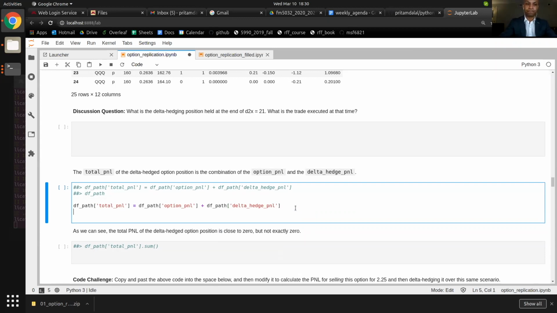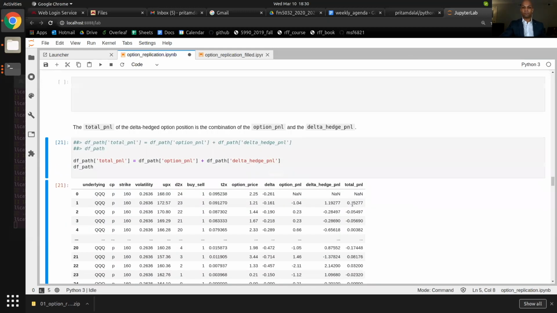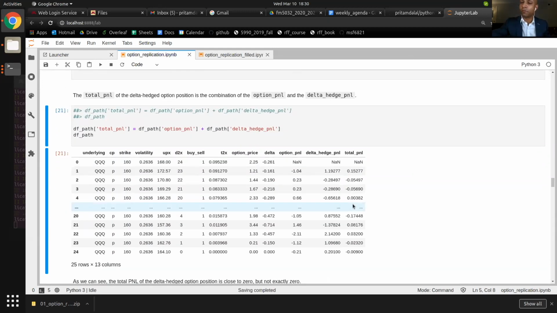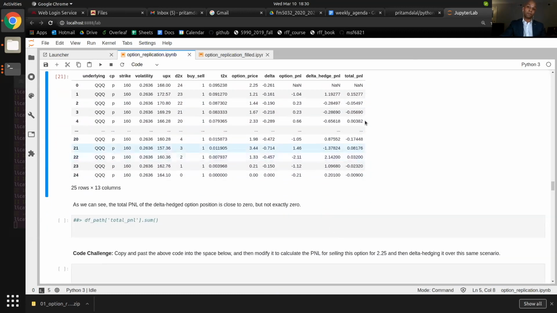Cool. All right, so that's the total P&L, which is just your option P&L plus your delta hedge P&L. And you can see that most days it's pretty close to zero, not perfectly, but that's what you'd expect, right? And the more frequently you rebalance, the smaller in magnitude these numbers are going to get.